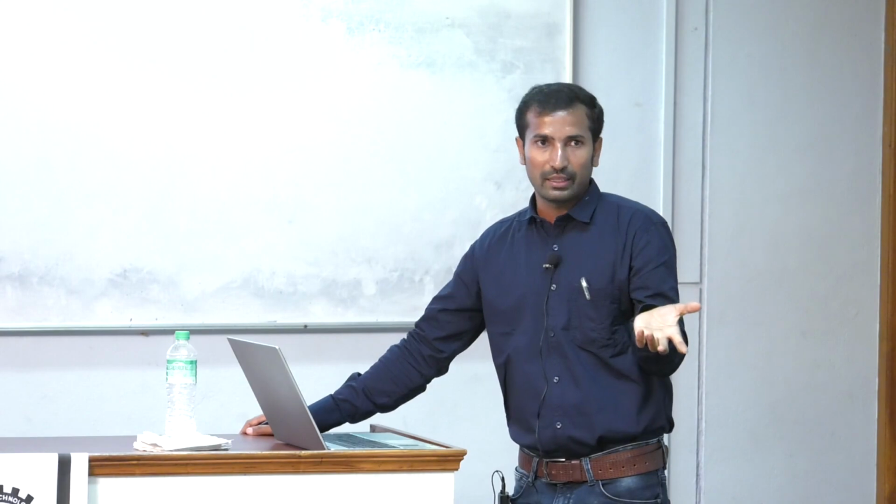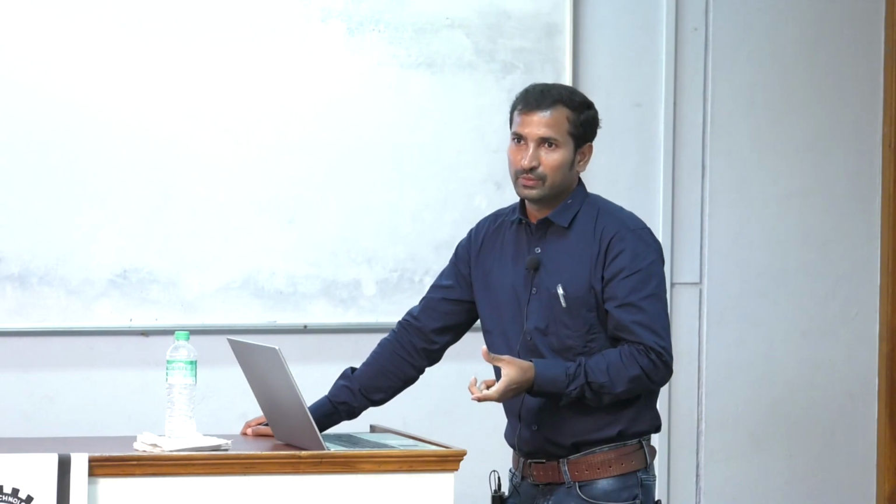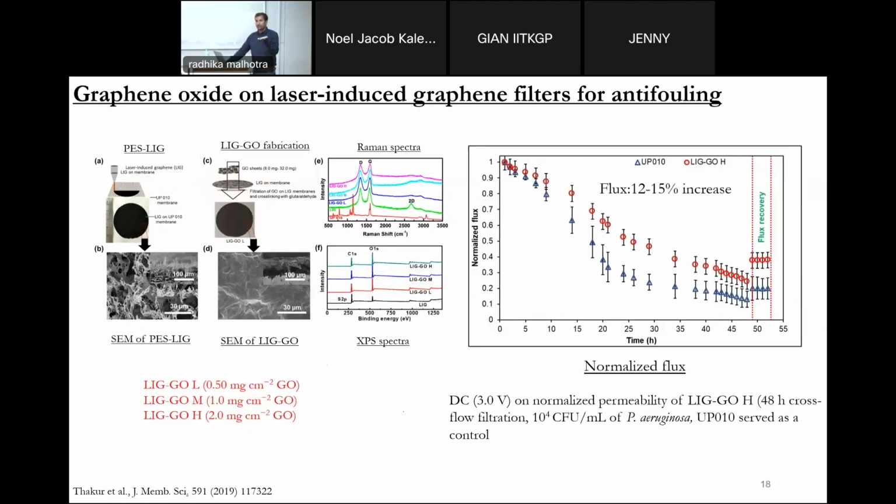Then we did the cross linking with glutaraldehyde, and made it a highly selective membrane, which was comparable with the existing polymeric ultrafiltration membrane. We demonstrated this for the same anti-biofouling, and here we noticed that about 10 to 15% of the flux drop was decreased in this case.